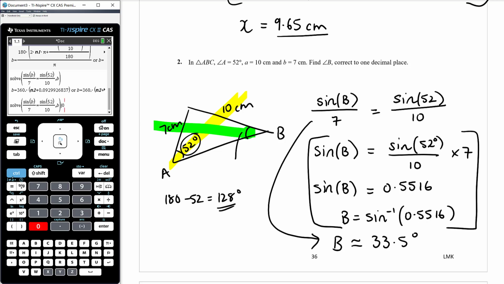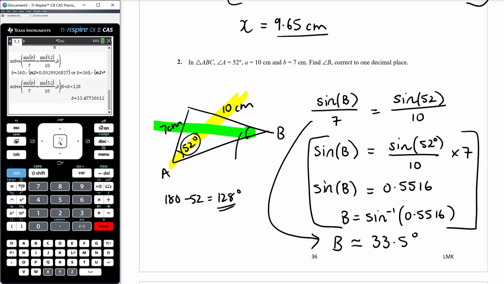So 0 is less than B, which is less than 128. So that says that B has to be between 0 and 128. And now when I press Control Enter, it will give me the only solutions that fit that particular criteria. Given that we're talking about a triangle, that's the only one I'm after, and that's at 33.5, which we found by rearranging ourselves.